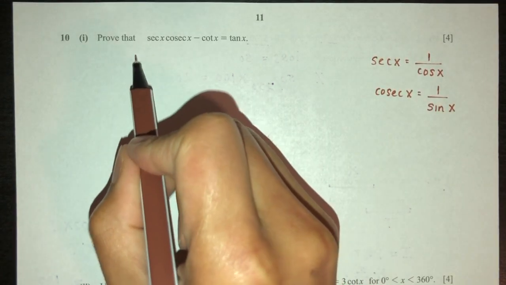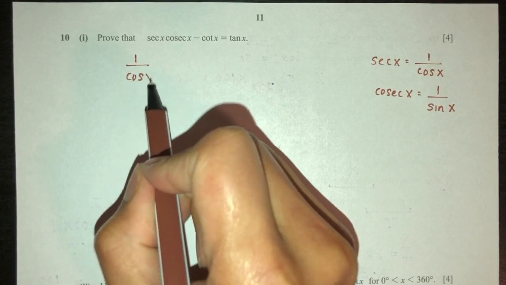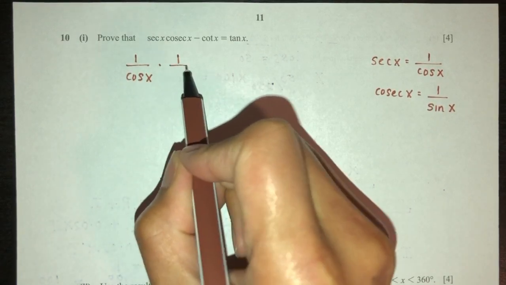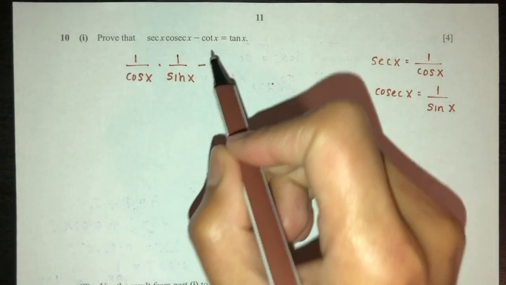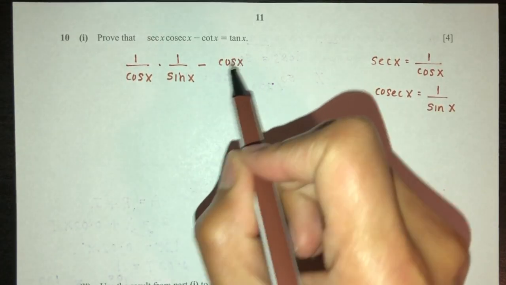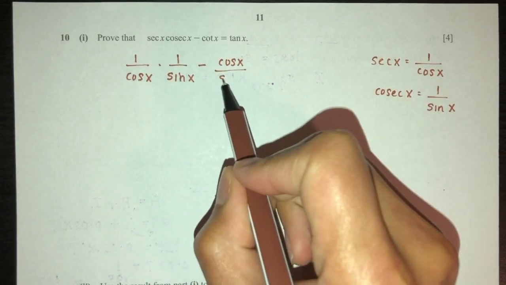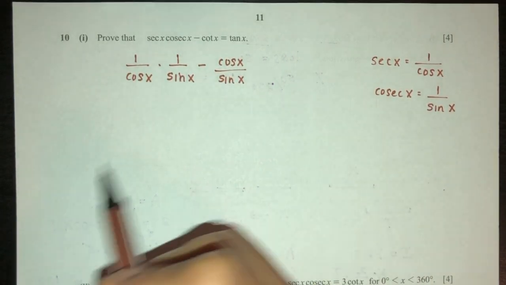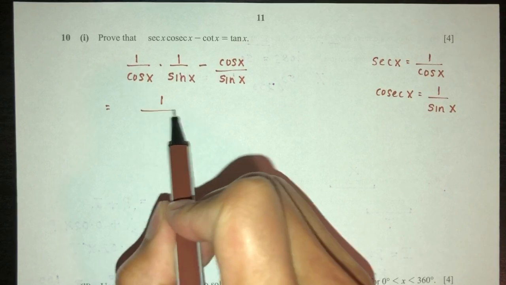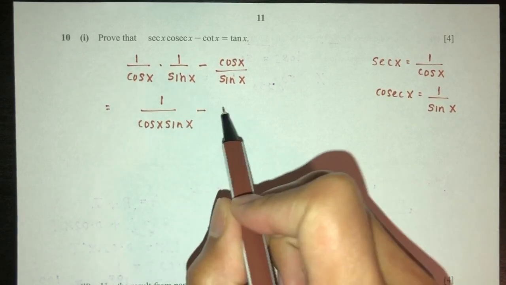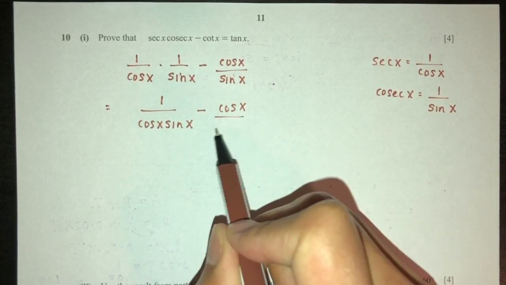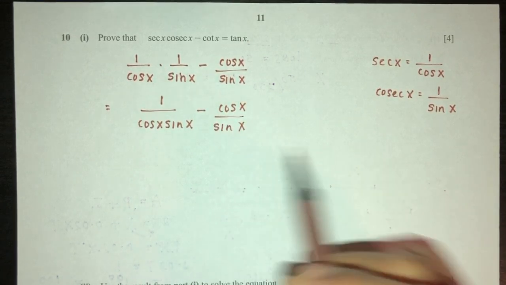Simplify, you will have 1 over cos x times 1 over sin x minus cot. What is cot? Cot is cos x over sin x. Now let's simplify, you will have 1 over cos x sin x minus cos x over sin x.